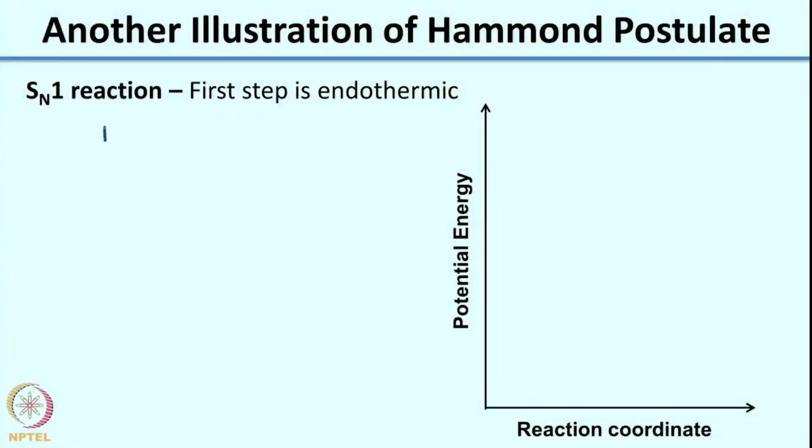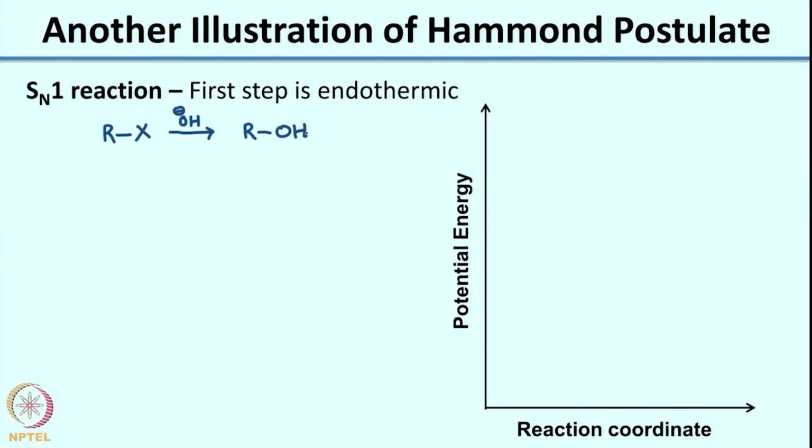Another very nice illustration of the Hammond postulate is the SN1 reaction. So the SN1 reaction, let us start with a generic case. So if you have RX, what is the mechanism of the SN1 reaction?